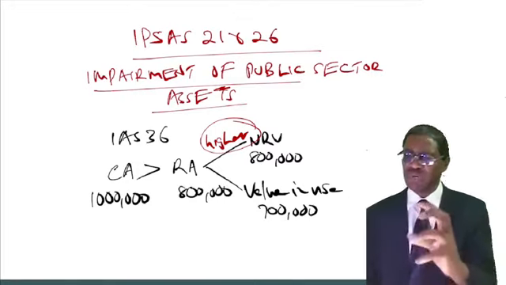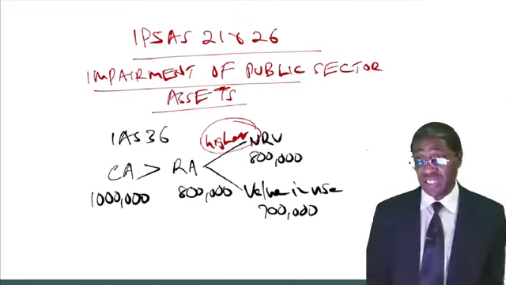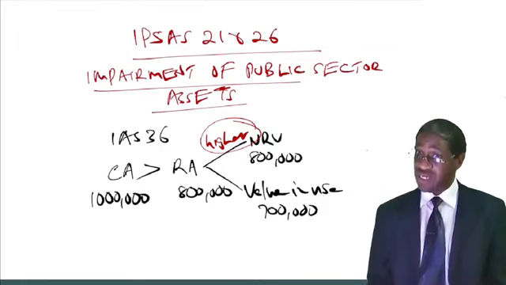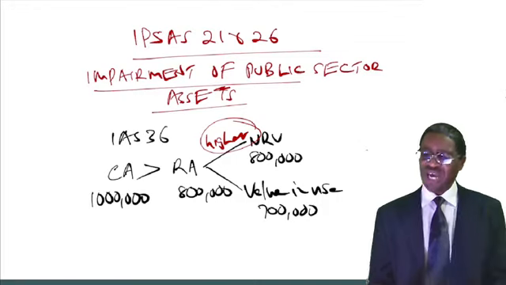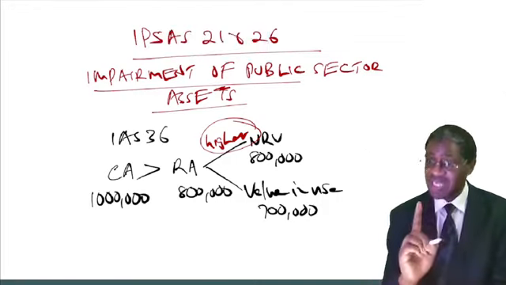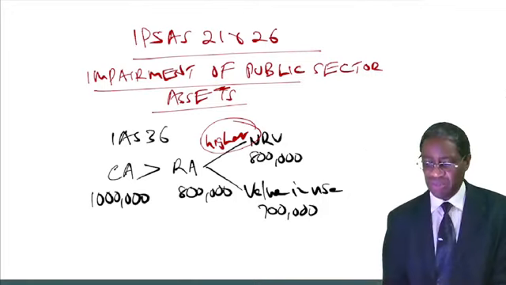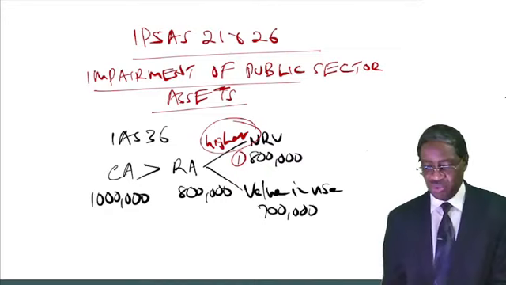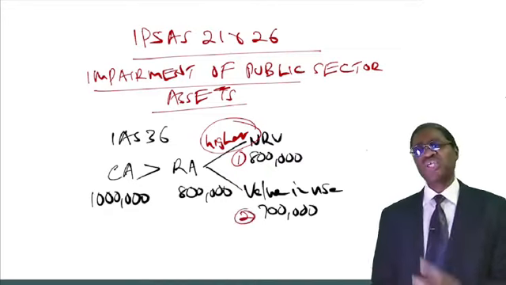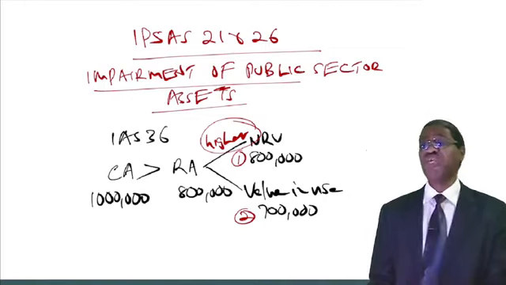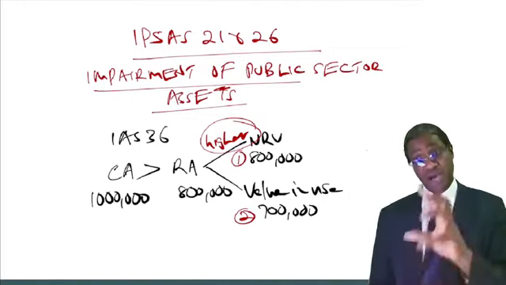And so we were defining the recoverable amount of an asset to be the higher of, number 1, net realizable value, and number 2, value in use.